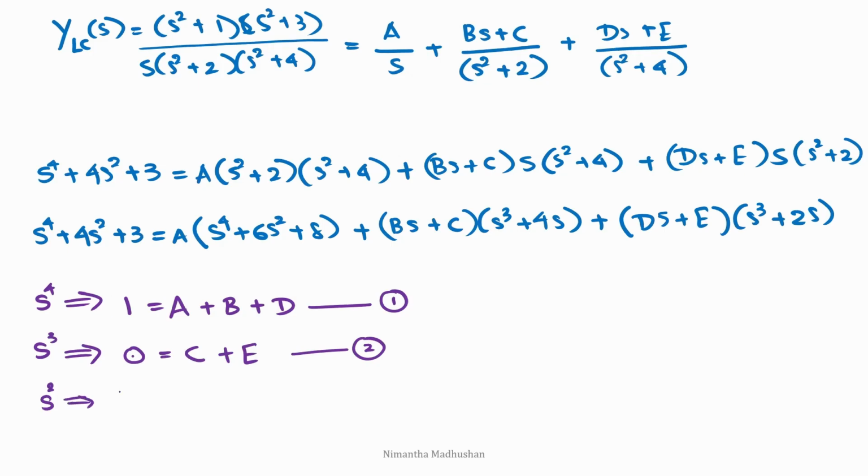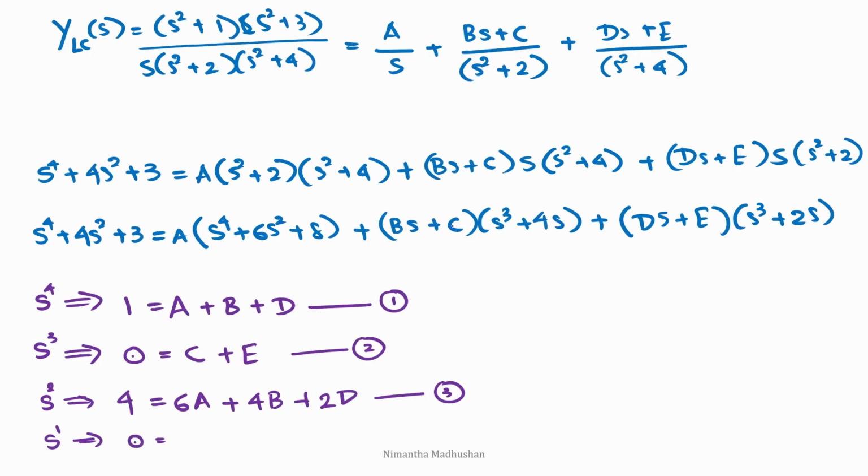This is the second equation. Now I consider s to the power 2. From the left hand side, the value is 4. From the right hand side, a into 6s squared, 6a; bs into 4s, 4b; plus ds into 2s, 2d. This is the third equation. Now I consider s to the power 1. From the left hand side, there are no terms, so 0.